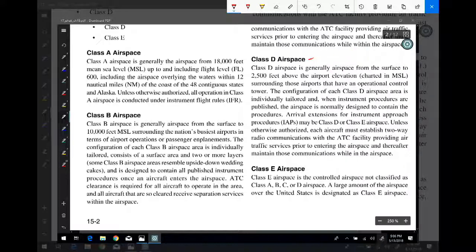Class Delta airspace is generally from the surface to about 2,500 feet above the airport elevation. That's 2,500 feet AGL, okay? So for instance, if we're saying that that's 2,500 feet, then the ceiling of Class Delta airspace in Aspen would be approximately 10,500 feet MSL.